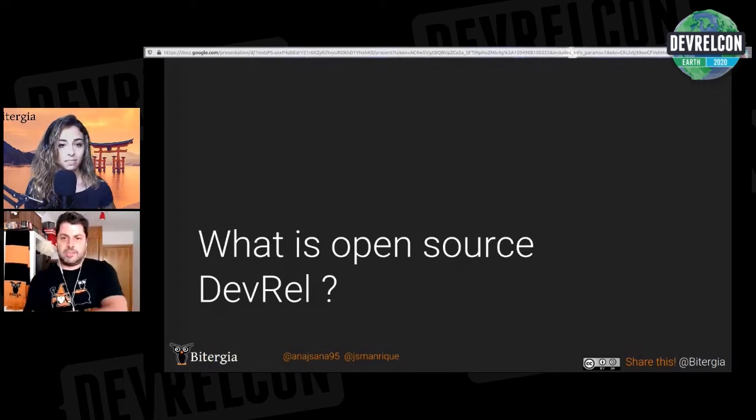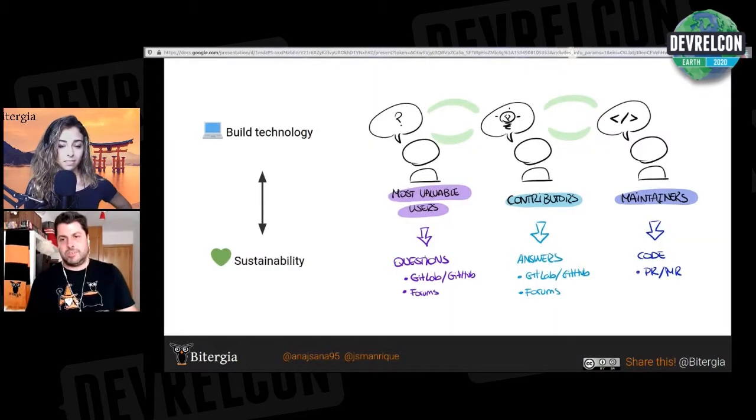Anna, if you can bring the next slide, I think it explains this position clearly: they are trying to get people used to the technology, but also to start contributing to it, and at some point become maintainers of it. So one of the main goals for these community managers and open source DevRels is to help ensure the sustainability of the technology being built.